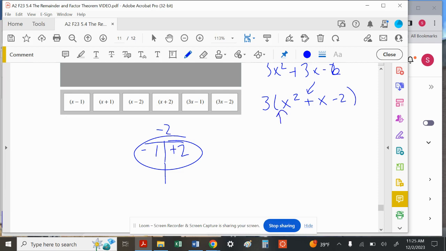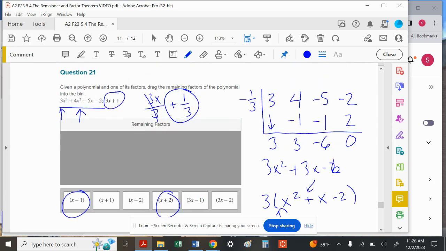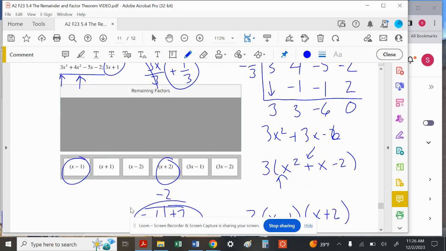So these are just the factors. So it'd be 3 times x minus 1 times x plus 2. So x minus 1 and x plus 2 are my remaining factors, even though 3x plus 1 is also one of the terms as well. But these are the remaining ones. Okay, so that's how you work on that one.